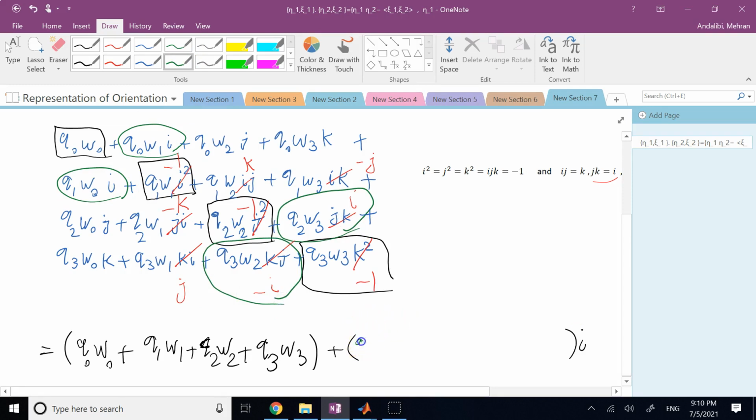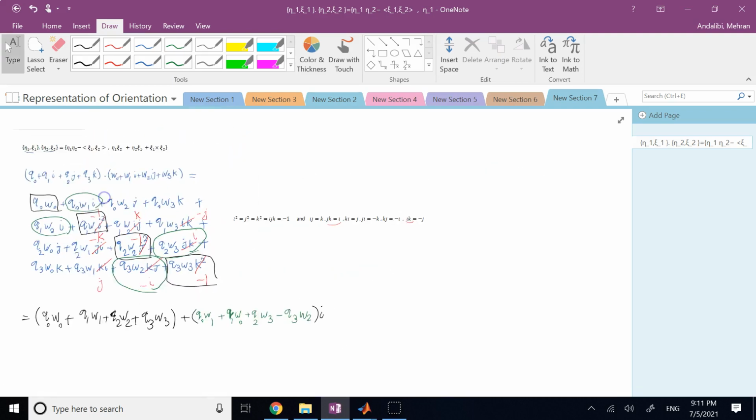So it is going to be q0 w1, and then plus q1 w0, and then plus q2 w3, and minus q3 w2. Correct? So these are my I terms.